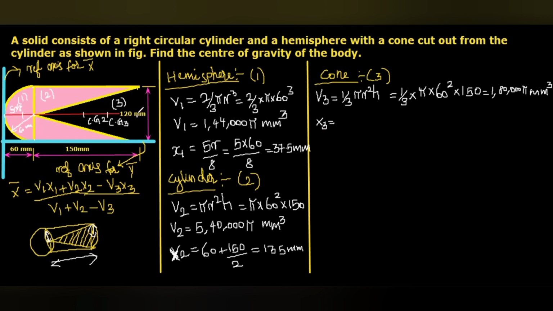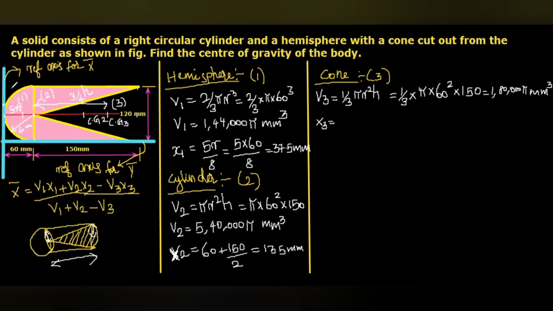That means from here, 1 by 4h, and from here, that will be 3 by 4h. But the 3 by 4h is from this point. From here, we have to calculate. That is x3, the reference axis for x bar calculation.